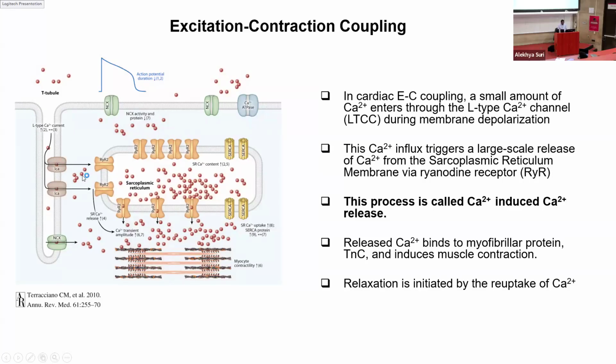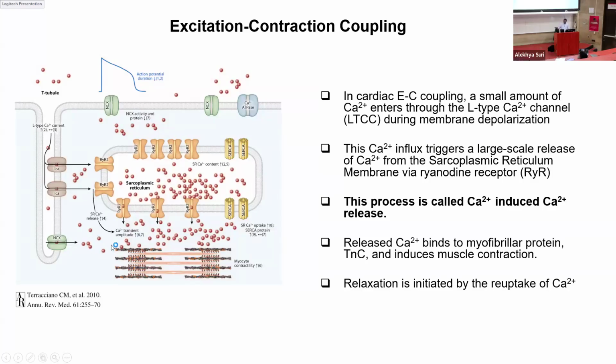Once a small amount of calcium enters the cytoplasm, this calcium will trigger the calcium stored in the sarcoplasmic reticulum by stimulating the ryanodine receptor. The ryanodine receptor is the calcium release channel. So once the small amount of calcium comes from the L-type calcium channel and triggers the ryanodine receptor, the calcium comes from the sarcoplasmic reticulum to the cytoplasm.